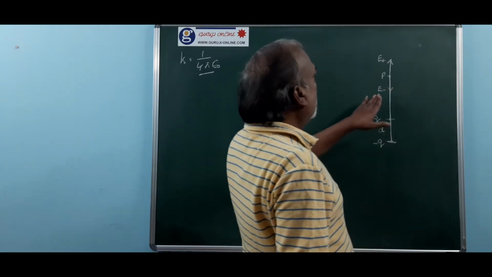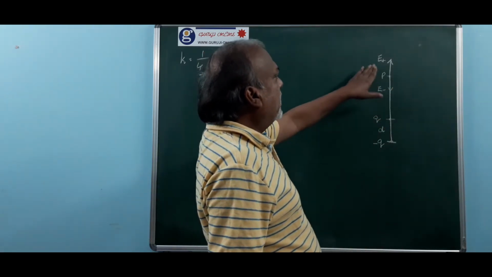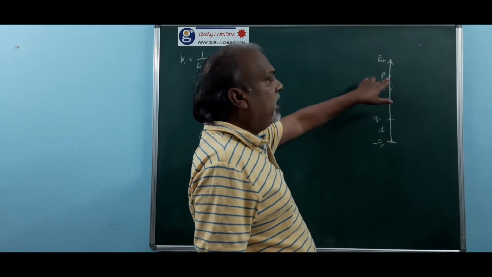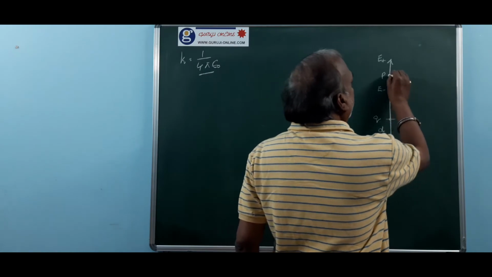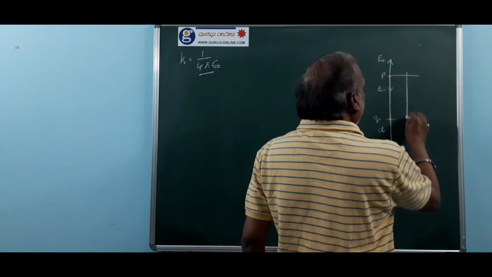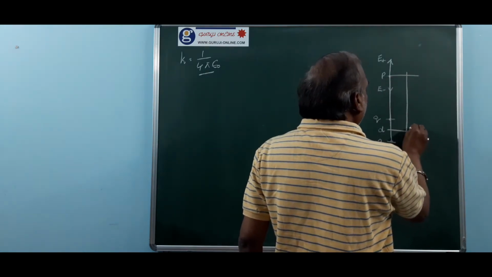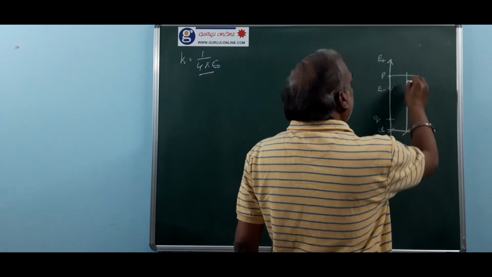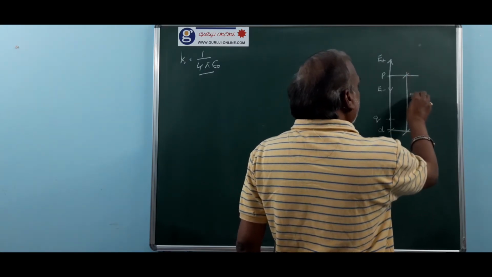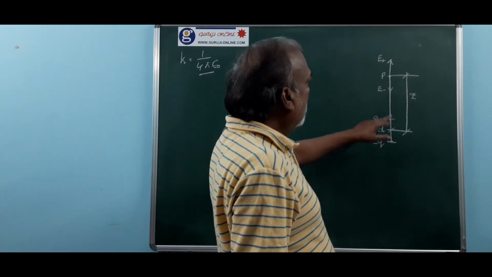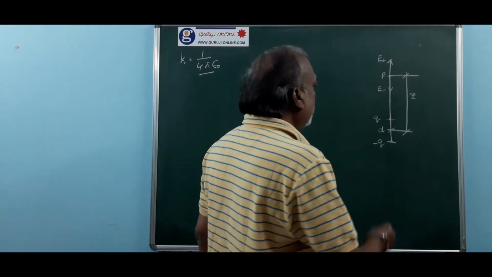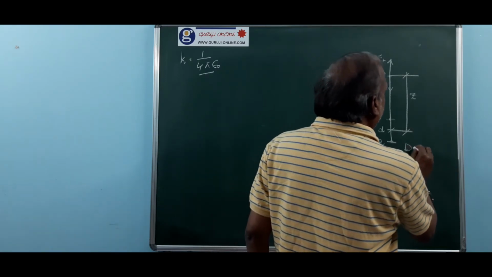So the net effect of these two electric fields will be the electric field at point P. Suppose this point P is z distance from the midpoint of this dipole.